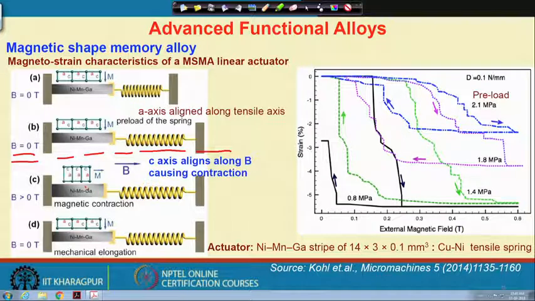Now, what I do now, the actuation really begins. Now, I apply a magnetic field. Okay. So, B here is the magnetic field. So, all these lattices now reorient along the applied magnetic field.